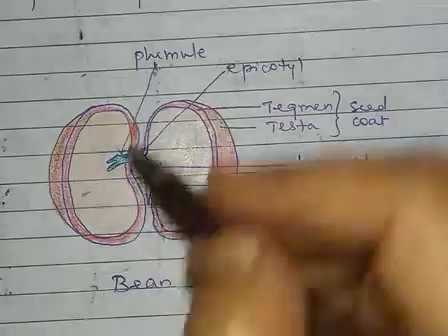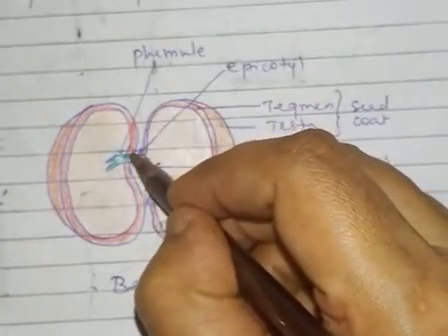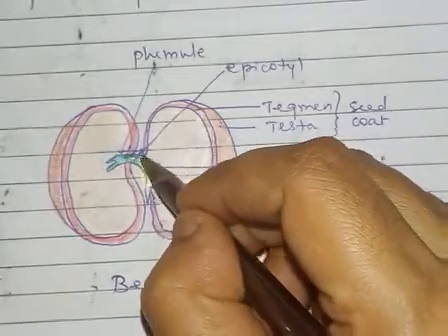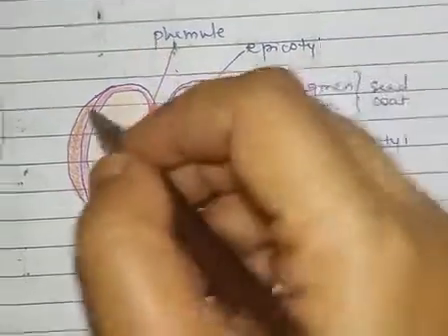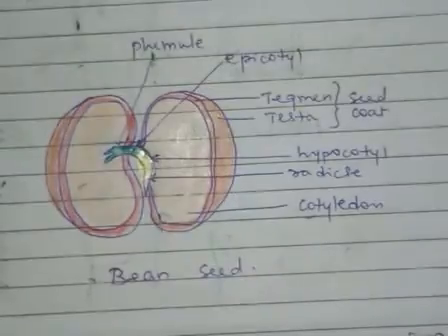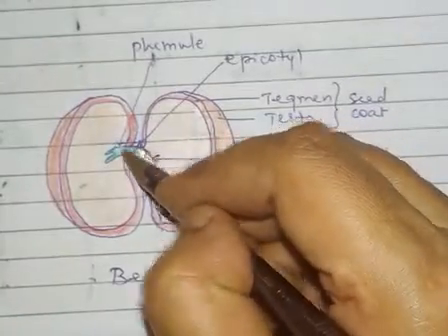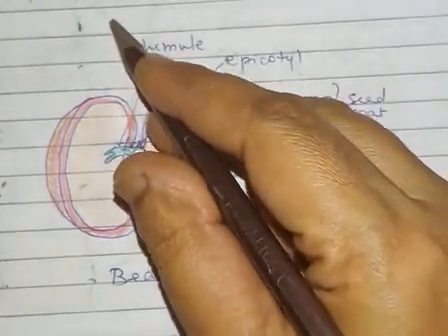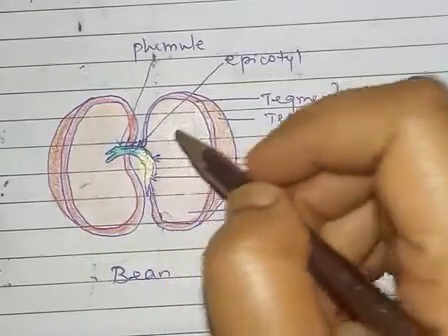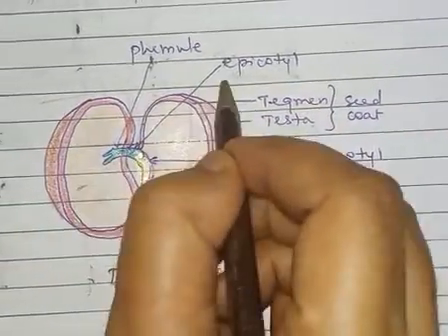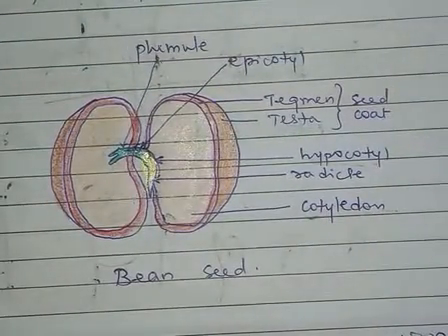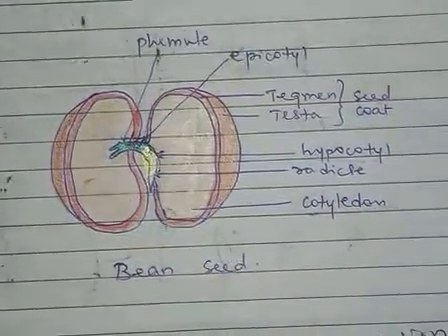Now if the epicotyl elongates, the epicotyl will grow and the cotyledon will remain below the soil. Are you understanding? If the epicotyl elongates, it will grow and come out of the soil, whereas the cotyledon remains under the soil. That is, the seed will be remaining under the soil. Only the epicotyl will elongate and it will come out. Okay, understanding? Somewhat like this.